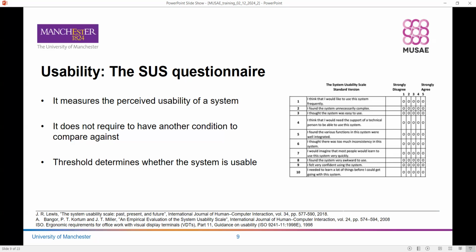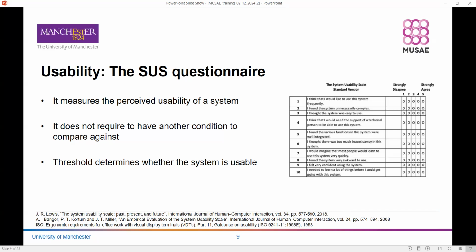This questionnaire doesn't need per se a comparison term that you have to make on your own. Because again, there has been a lot of research regarding usability, and there are a lot of references reported here in the slide that tell you that if you get a certain score with this questionnaire, no matter the condition, no matter your comparison term, if it's above a certain threshold, then you can deem your system acceptable by the users.